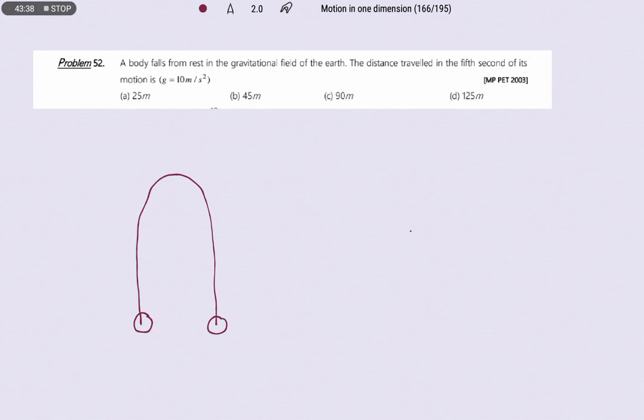If they didn't mention the air friction, suppose I take the time of ascent as 5 seconds, and the time of descent automatically will also be 5 seconds. Now let us see. After 1 second, 2, 3, 4, 5, this is 6, 7, 8, 9, and this is the last 10th second, and this is 0 second.